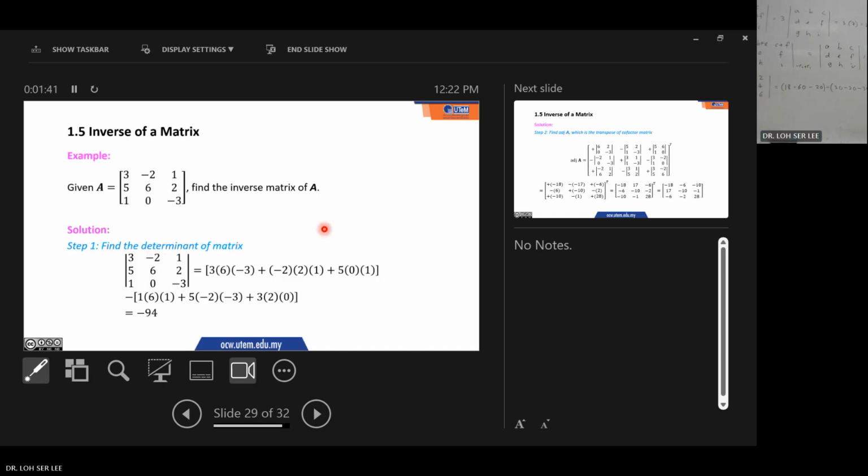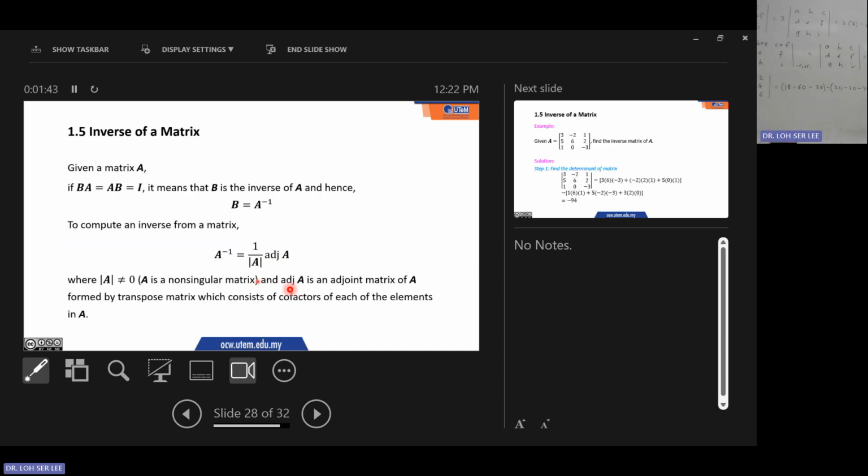This is the formula for the inverse matrix. So we have 1 over determinant multiplied to the adjoint of A. This is the adjoint matrix of A.